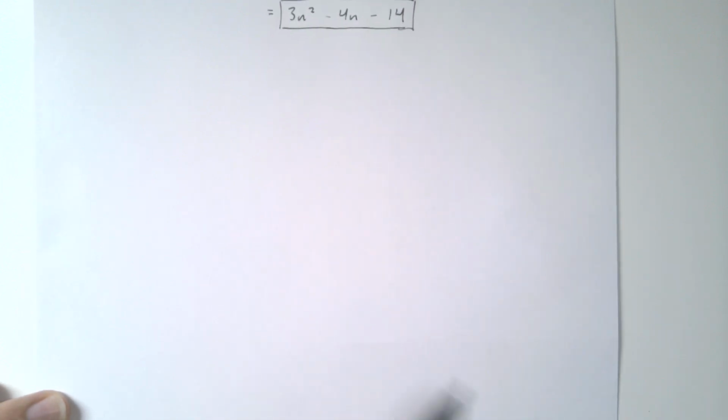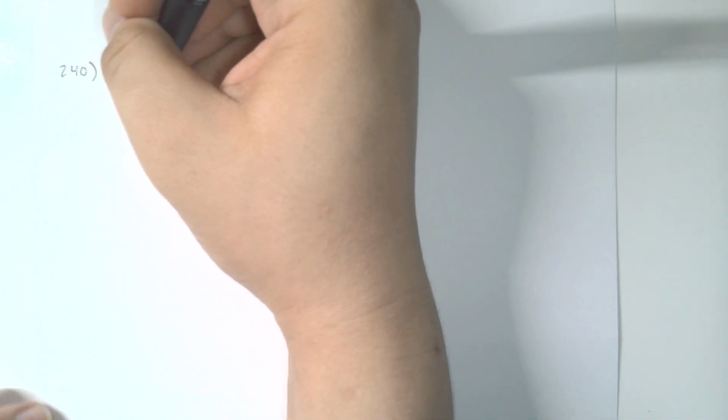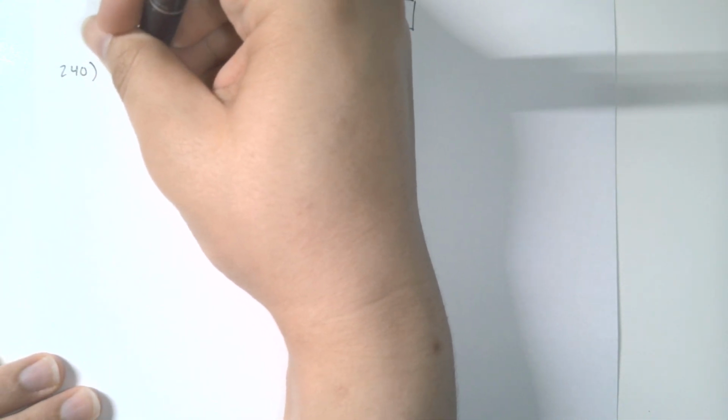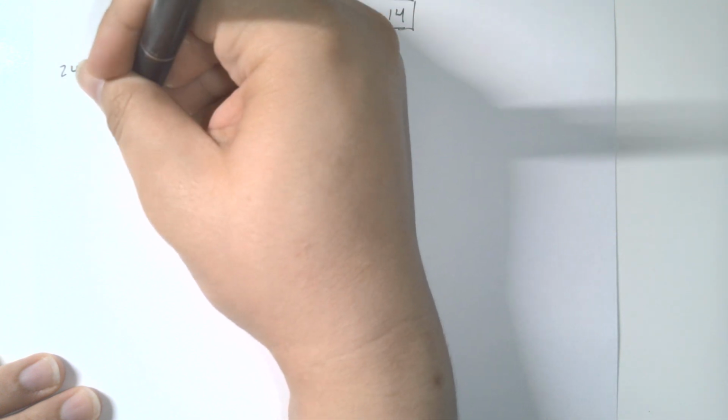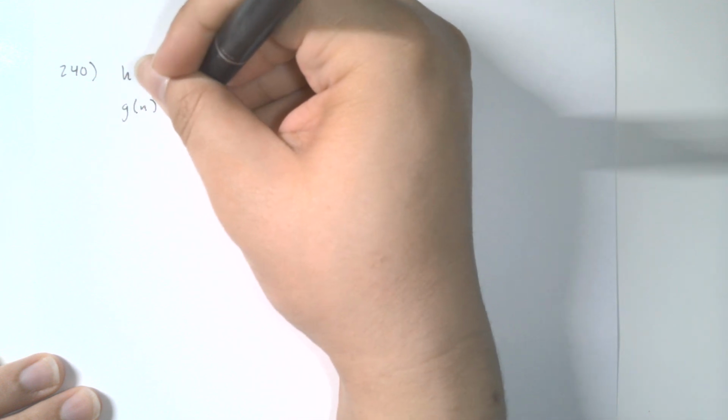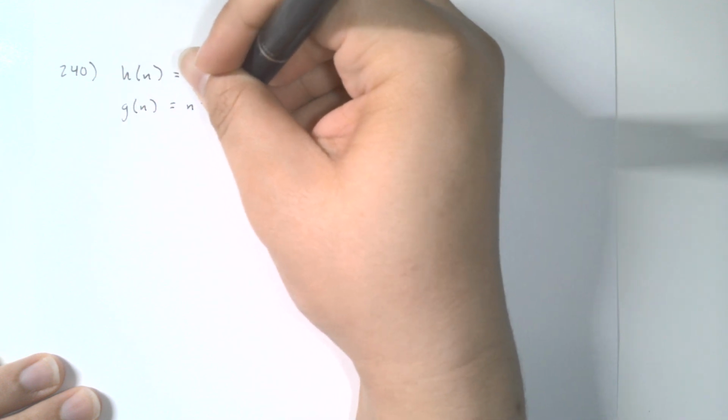Let's try number 240. So 240, we have h of n is equal to 4n minus 3, and we have g of n is equal to n cubed minus 2n.